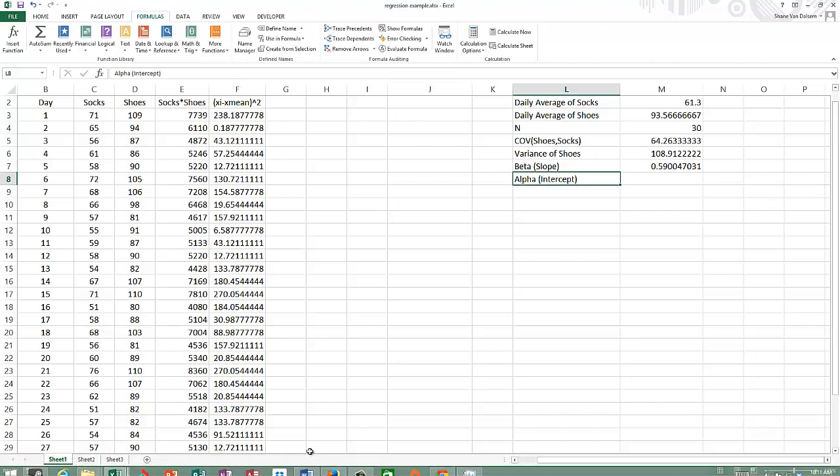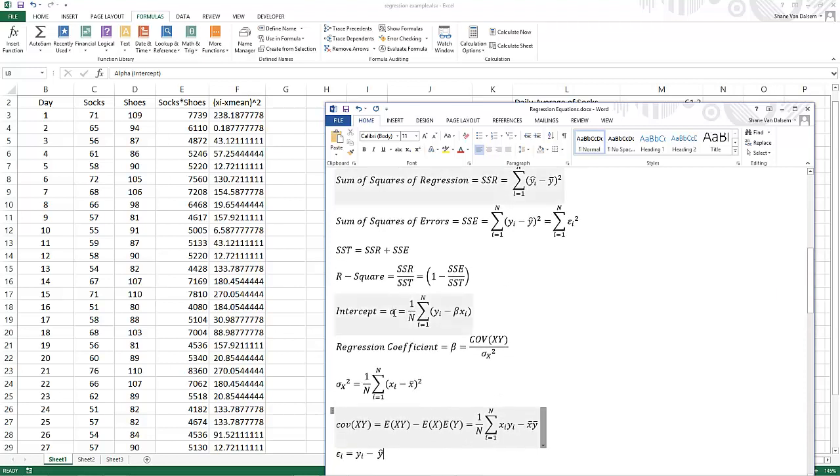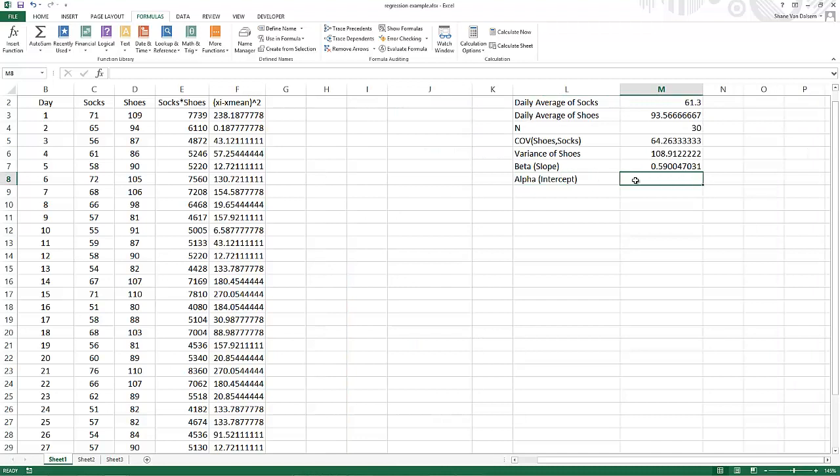So if I go back out to my document, I can see that the intercept is equal to 1 over n multiplied by the sum of yi minus the beta multiplied by xi. So now I want to create a column of yi minus beta xi to get the intercept. So I'm going to name my beta here, beta.